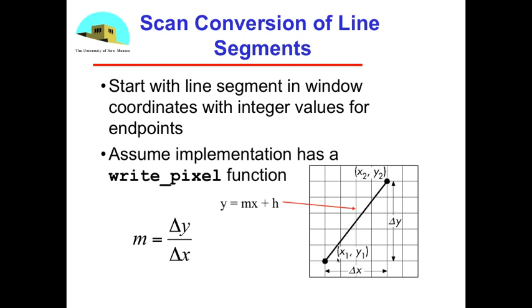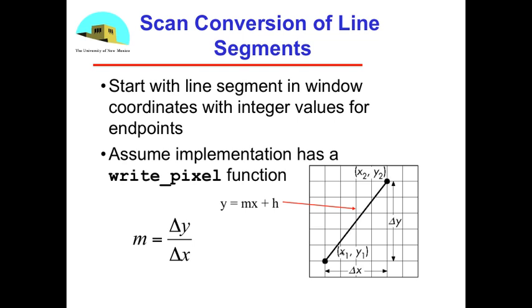For each of those x's, I'm going to find the y by sticking it back in this equation, or better, I'm going to use the fact that if delta x is equal to 1, then delta y must be equal to m, and so every time I step to the right in x, I'm going to step upwards in this case by a value of m.